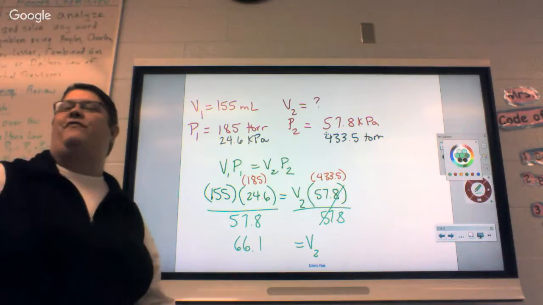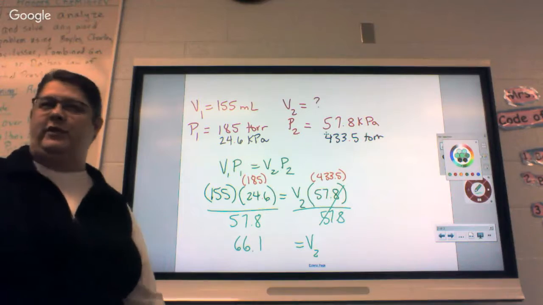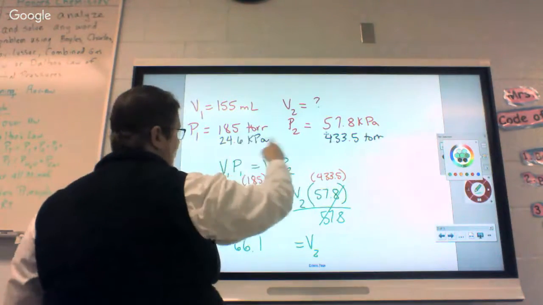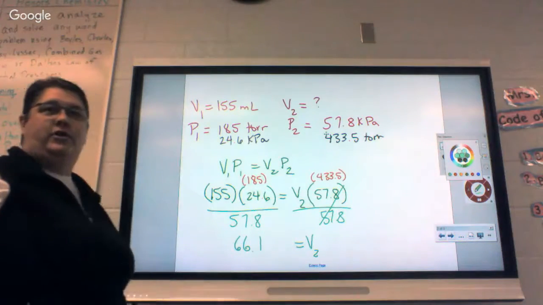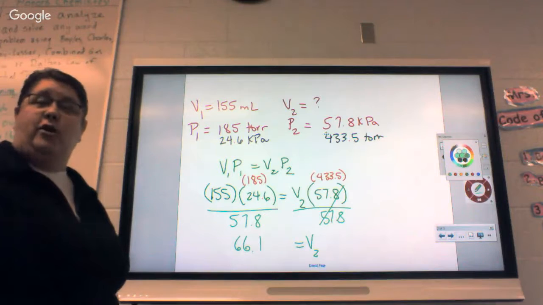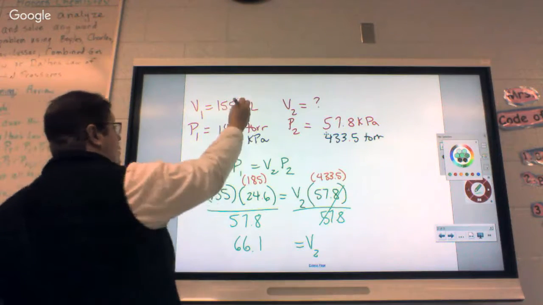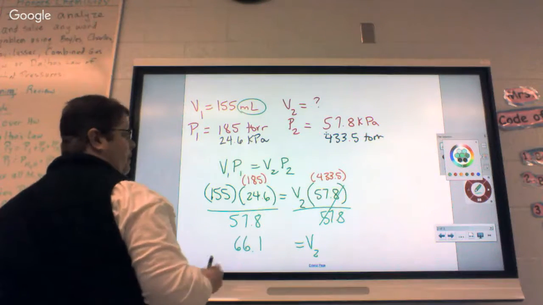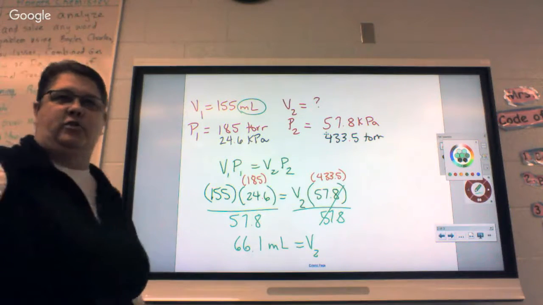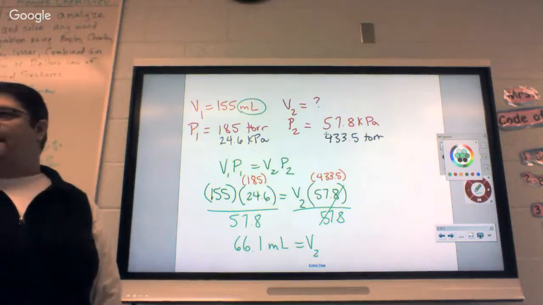All of those answers are fine. The difference comes in how you rounded those numbers, which again is why I tell you to show me your work. For our unit, what unit did V1 have? So you write milliliters on your V2. Any issues with solving? Everybody okay with that?